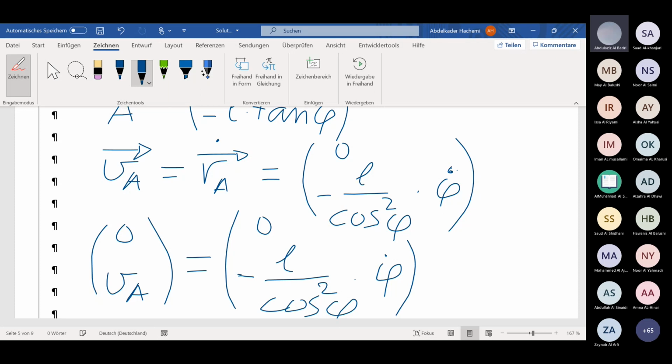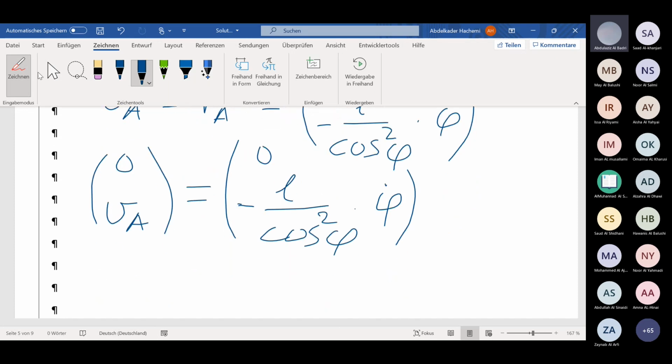Then we can make the equality here. Zero must be equal to zero. There is no contradiction. And VA will be equal to this term here.